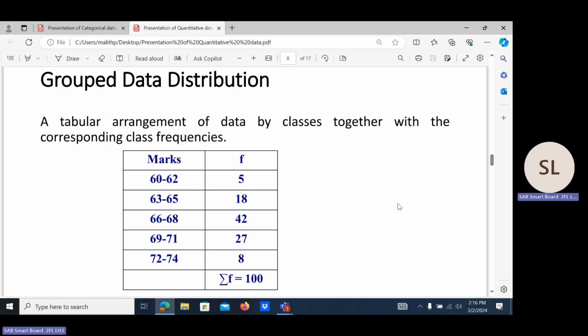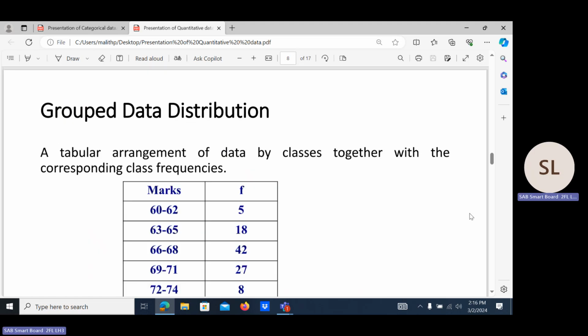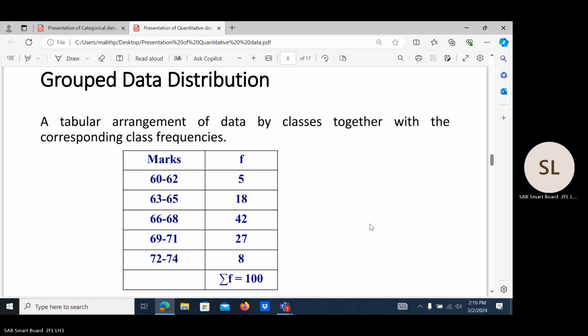The other one is called grouped data distribution, or group frequency distribution. In the ungrouped one, the values are individual: the first one is 30, then 32, 34. There are no groups. In the group frequency distribution, we have groups. The first one represents 60 to 62, then 63 to 65.